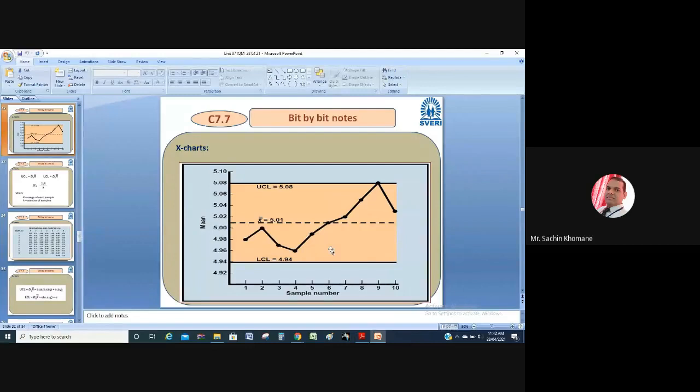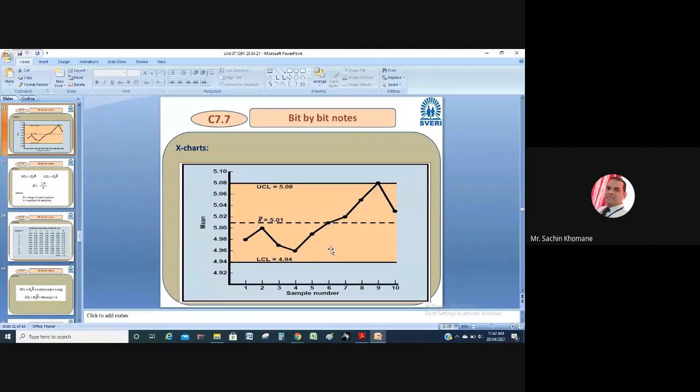Take participation. It is in control, right?